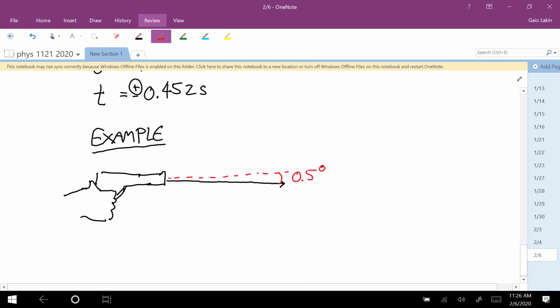Okay, 0.5 degrees is a tiny angle. But what we're going to see is that it makes a very significant difference in how long it takes to hit the ground.